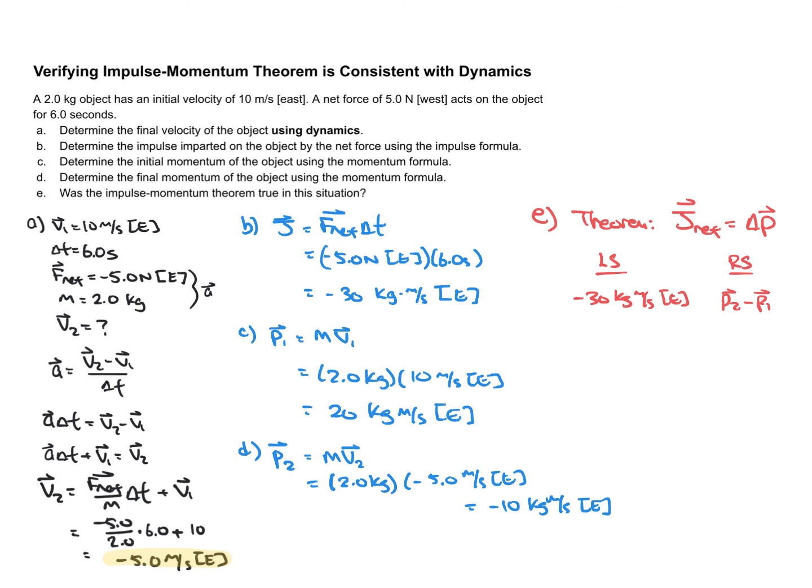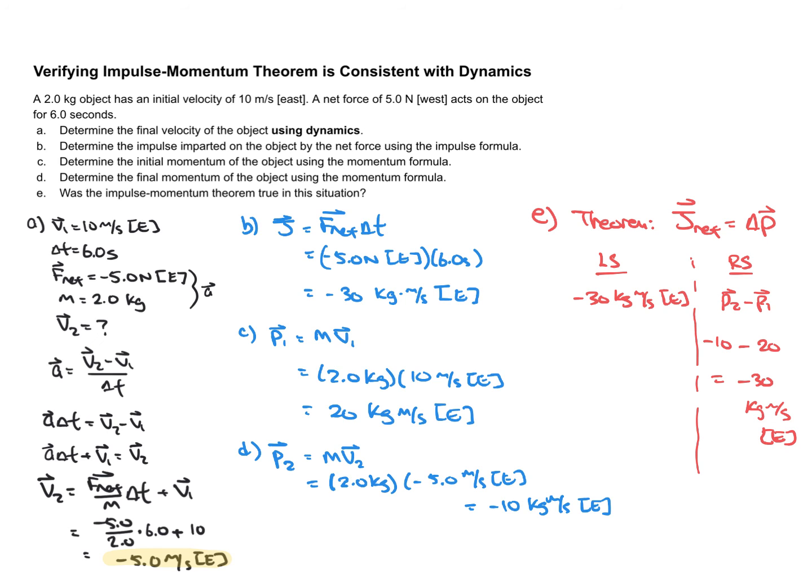For P2, we take our answer to D, which was negative 10, minus P1, which is our answer to C, which was 20, and we see that equals negative 30 kilogram meters per second east.